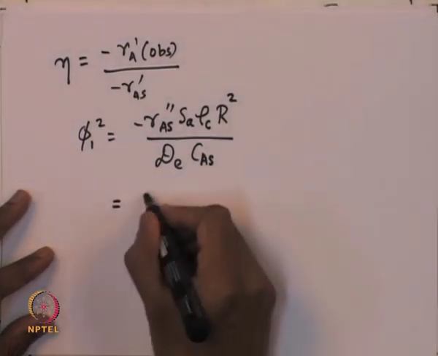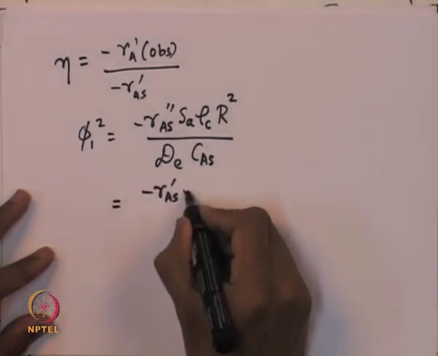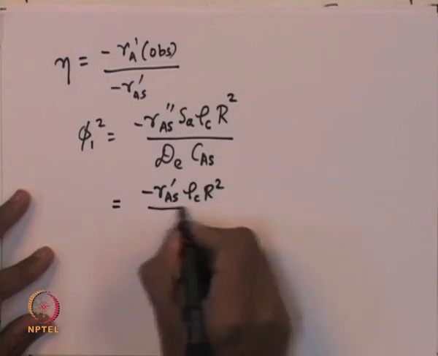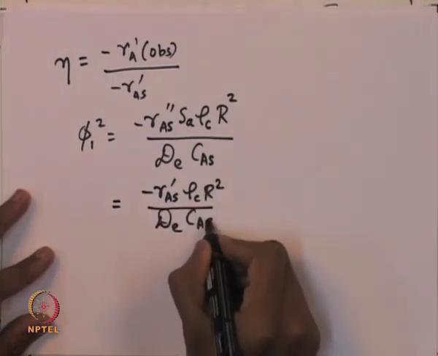And so, that is equal to minus R_AS into rho_c into r square divided by D_e C_AS.